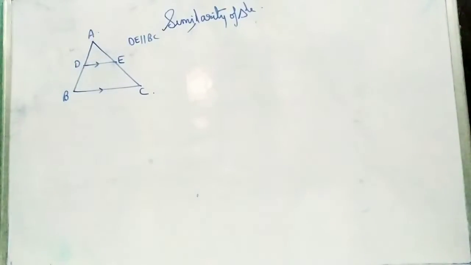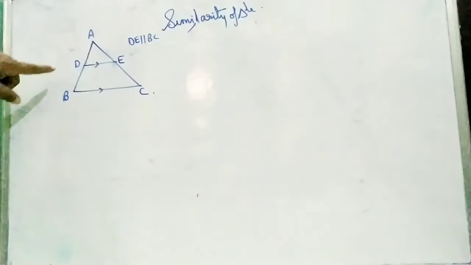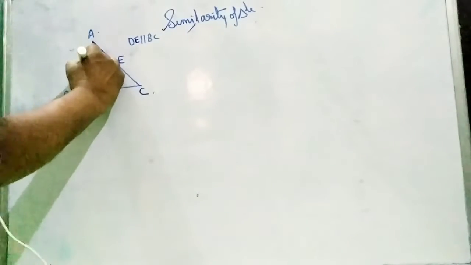We have to find out that they are in the same proportion, the triangles are in the same proportion. So what we will do, from here we will just draw the line perpendicular.